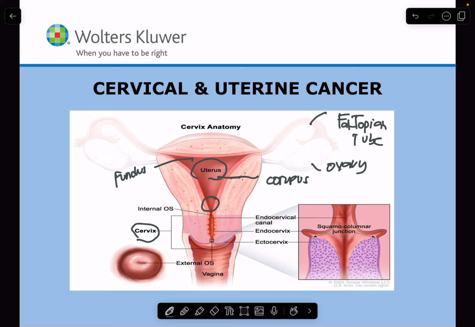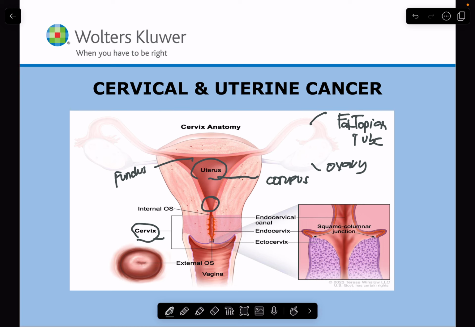And of course, the pinaka last portion is cervix. So, in uterine and cervical cancer, nagkakaroon po ng abnormality sa cells ng cervix and uterus. So, unahin muna natin si cervix.